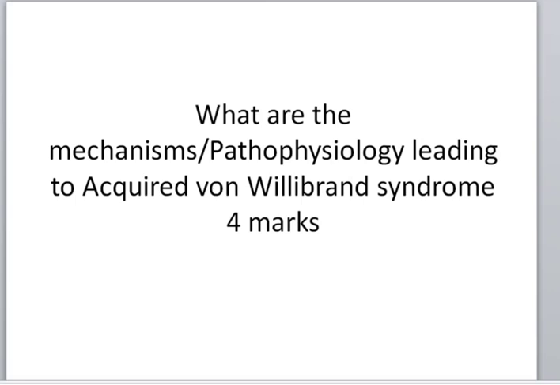So, as you know, acquired von Willebrand disease has multiple mechanisms. It can be autoantibodies that can inhibit von Willebrand. It can be clearance of von Willebrand multimers from the plasma, as we see in the MPNs.